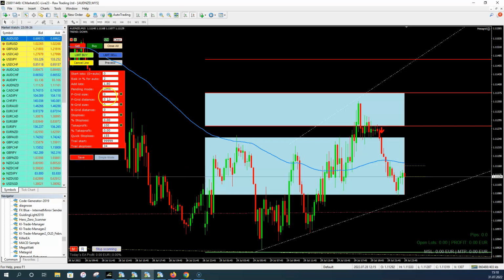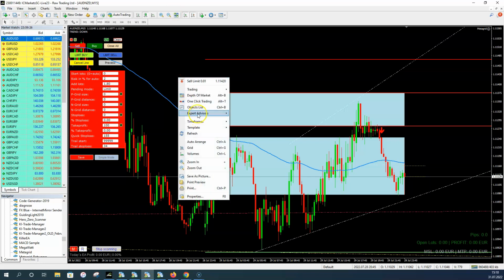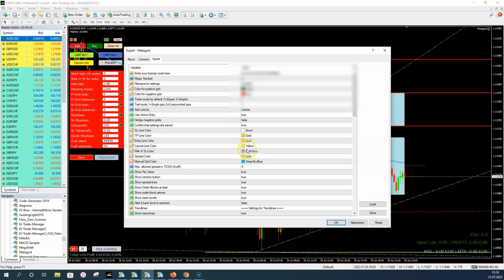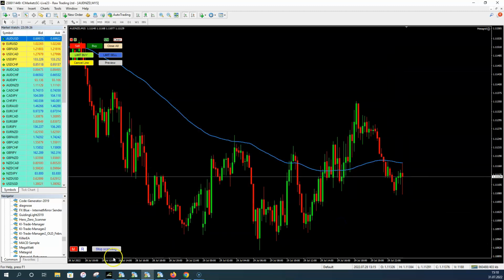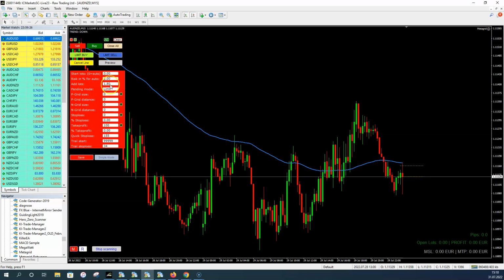And now, what is the difference if you tell the auto trader it should decide by itself what lot size it takes, okay? We turn it to true. Now the auto trader decides the lot size and risk by itself. Even if we have this to true, we have to tell the auto trader what is our maximum risk we want to go for, okay?